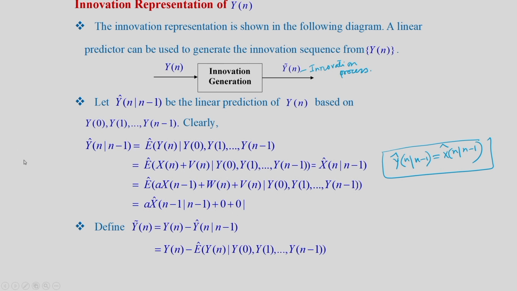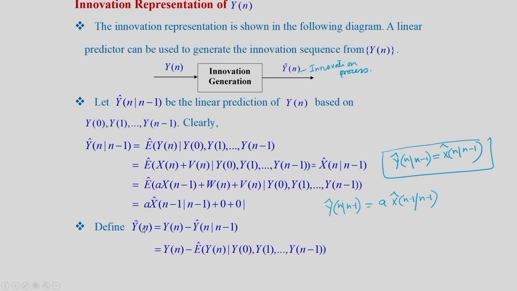Therefore, we can further write that the prediction y cap n given n minus 1 is also equal to a times x hat n minus 1 given data up to n minus 1. That way this is the estimator of the signal at instant n minus 1.